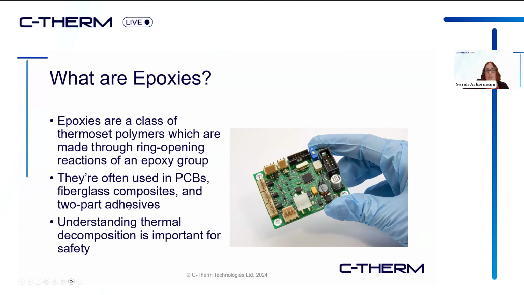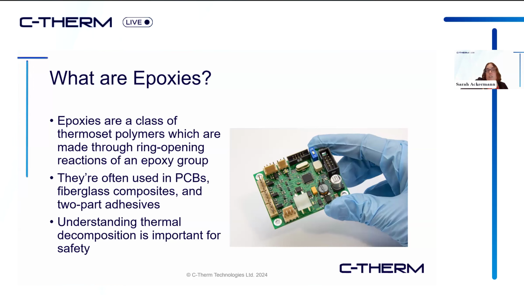They're often used in printed circuit boards, fiberglass composites, and two-part adhesives. Understanding the thermal decomposition of the epoxy thermoset material is a critical behavior to understand for safety of whatever device it's being used in.